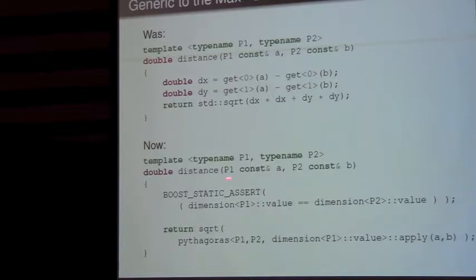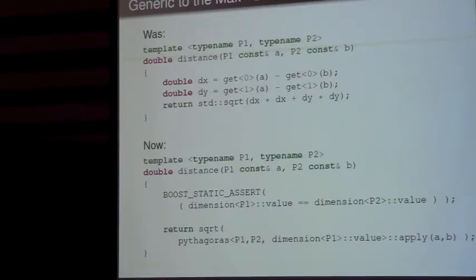So at this point here, we're ensuring that the 2 points that I might be trying to work with, your point and my point, at least have the same dimensions. If they have the same dimensions, then I don't really care how to access the data in them. I can use them. So once I've ensured that they're the same dimension, then I can go ahead and just use P1's dimension value here.